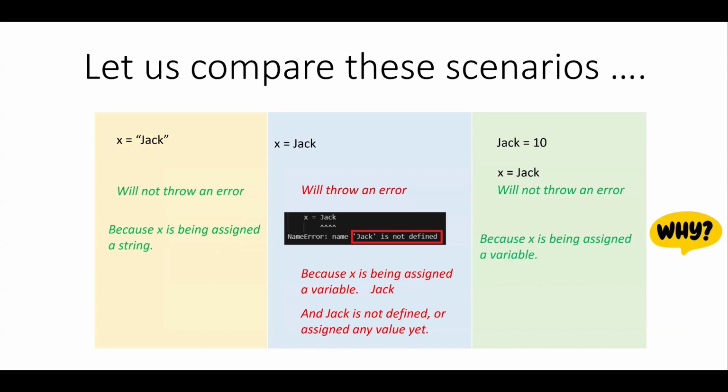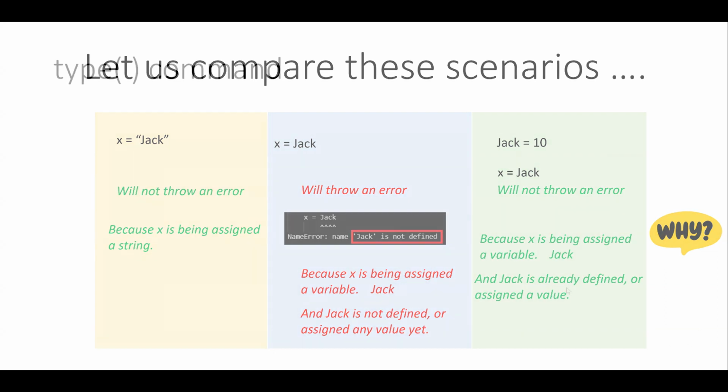Why? Because X is being assigned a variable, and which variable is it assigned? Jack, and Jack is already defined. When we say already defined, Jack is equal to 10 means Jack is defined or assigned a value. That is why it will not throw an error.